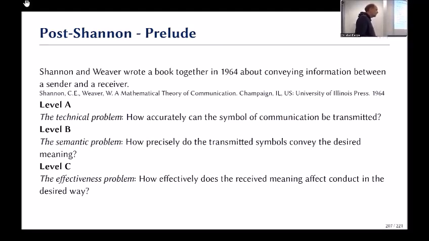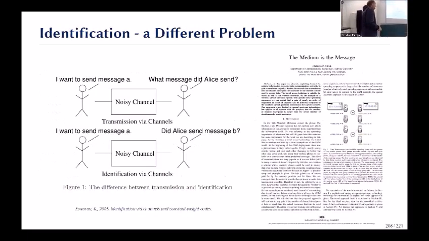That means perhaps the receiver only, like in identification, wants to know, is a special message received or not? And then it makes no sense to do the full communication, and we are immediately at the model of identification, which you have seen a lot of times in this tutorial already.